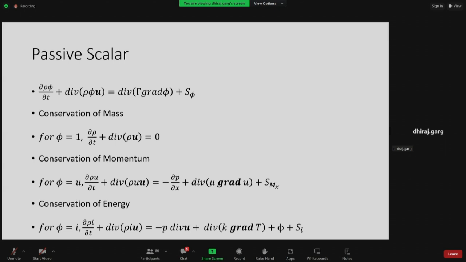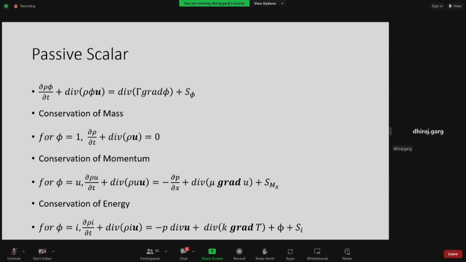The same thing applies here. Incoming and outgoing are taken care of through convection and diffusion, and generation and consumption through the source term S phi. This is the generalized way of writing the equation.